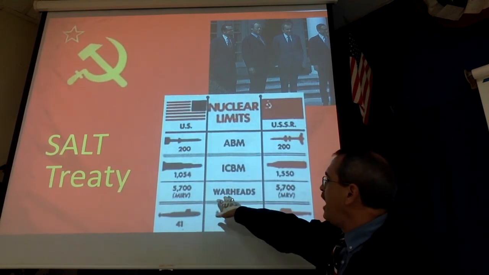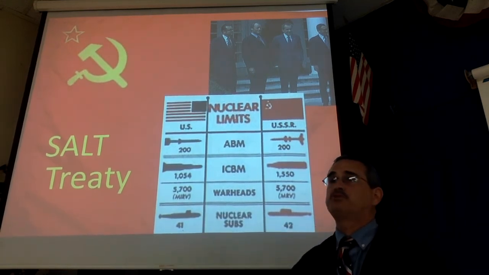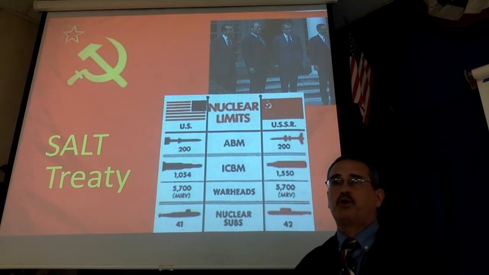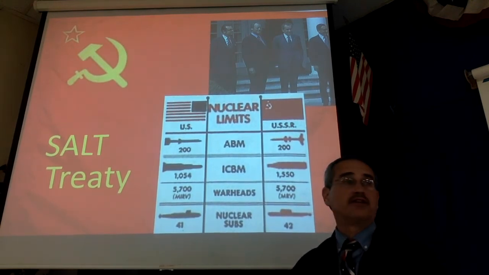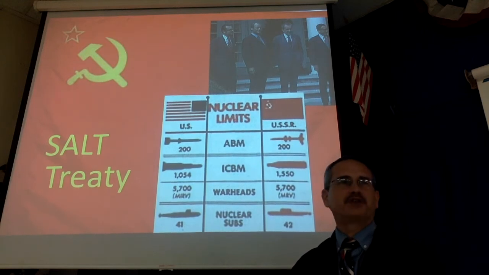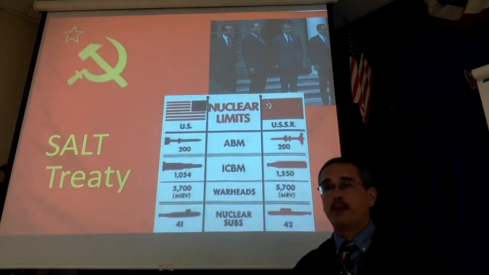We're both going to have over 5,700 nuclear warheads, which means both of our countries could destroy the world about 7 or 8 times over, all by ourselves. So is this an extremely limited sort of nuclear treaty? No, but it's a big first step. It's the first time we've put a limit on nuclear weapons.